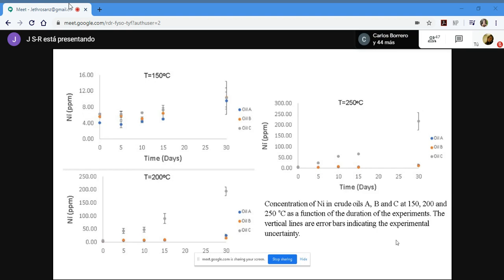However, as we increase the temperature to 200 and then 250 degrees Celsius, we see that one of our oils, in this case oil C, which is our most thiol-rich oil and our most iron-rich oil, suddenly takes off in terms of concentration, much more than its counterparts.